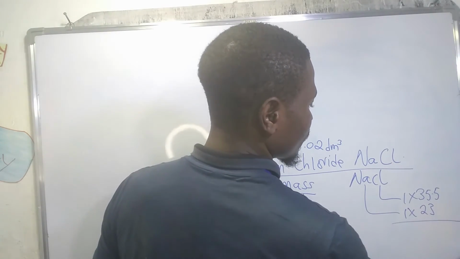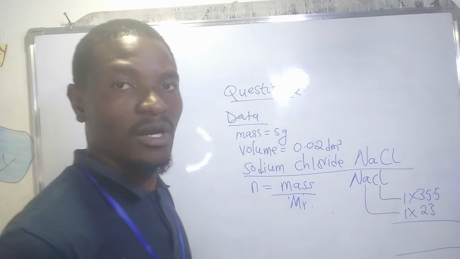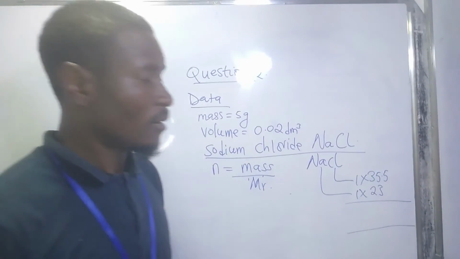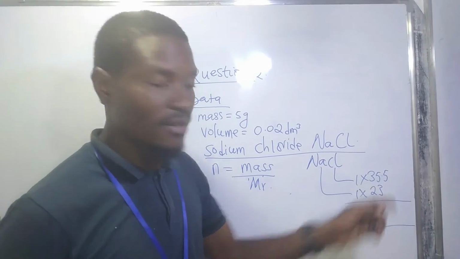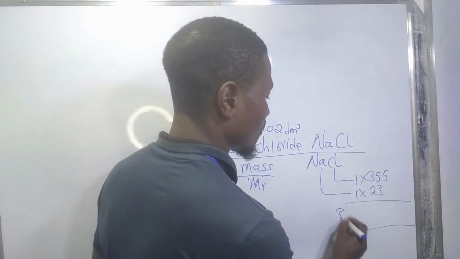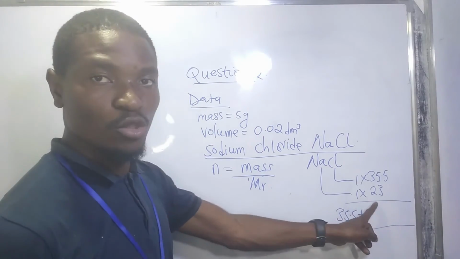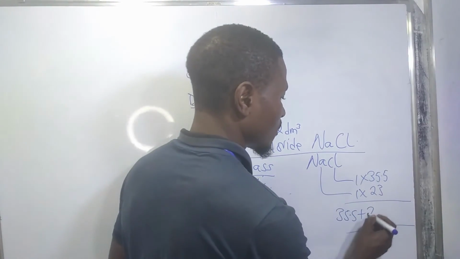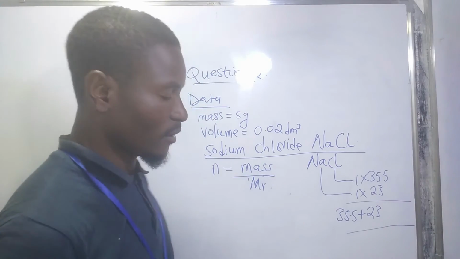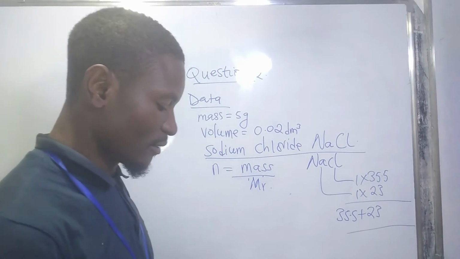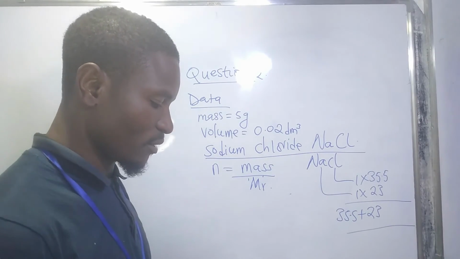So what you now do is 1 times 35.5 is just 35.5, plus 1 multiplied by 23, you get 23. And then you use your calculator, you add all together, 35.5 plus 23.